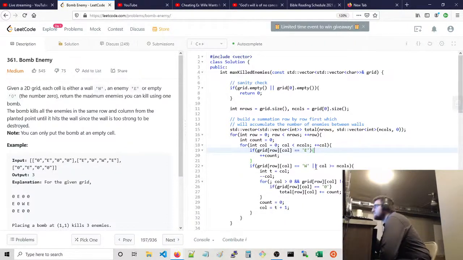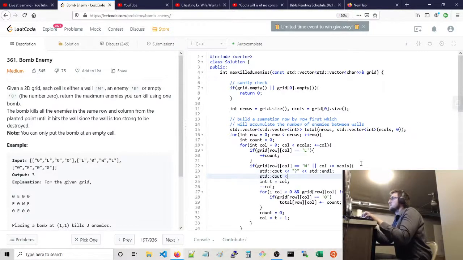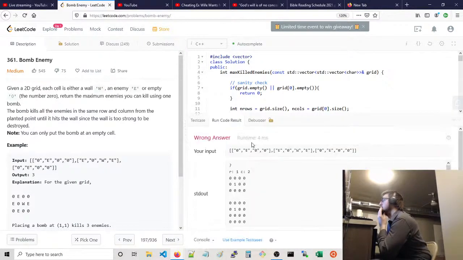Okay. Well, eventually we should get here, right? Let's see, what do we get here? Row 1, C2. Oh no.